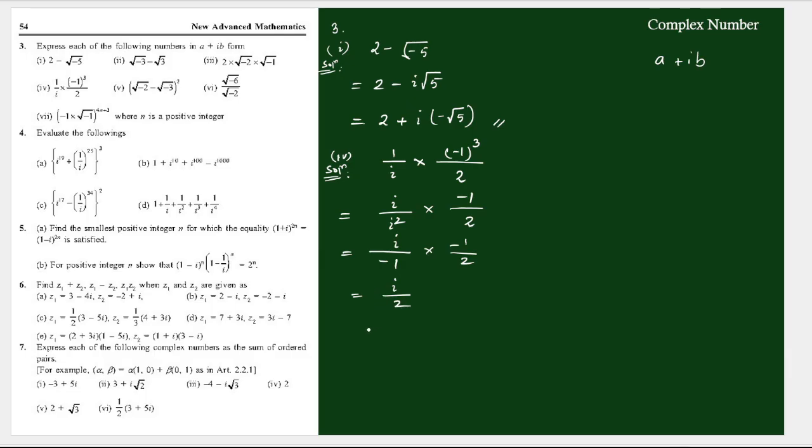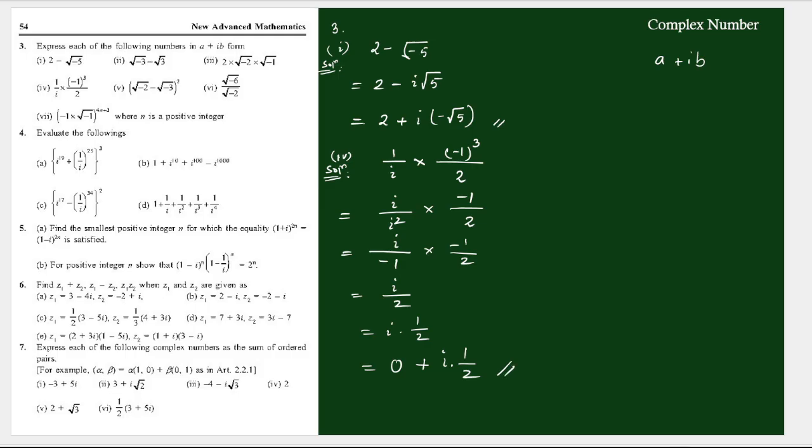And then this is nothing but your i into half, right? We have to write it in a plus bi form, and we don't have the real number, it is 0 here, so 0 plus ib.